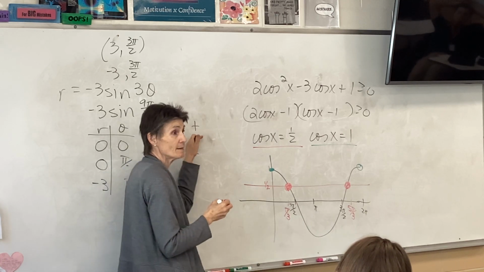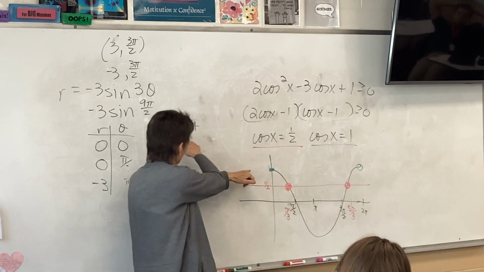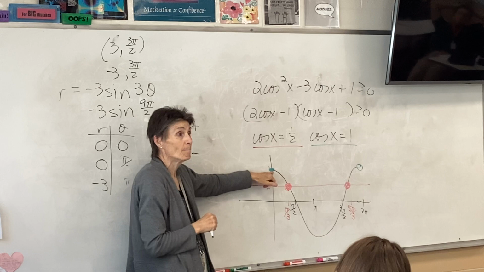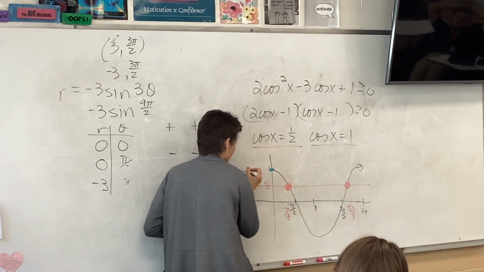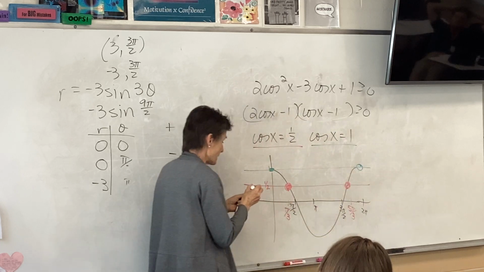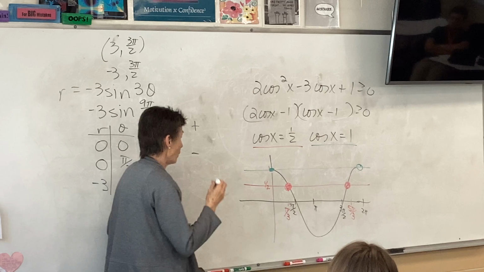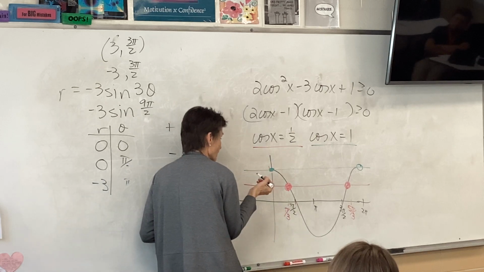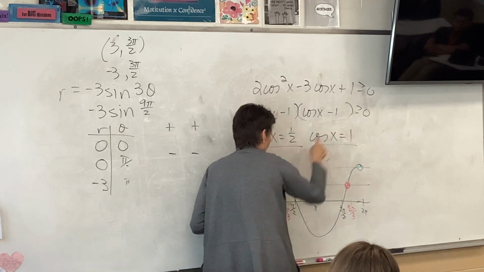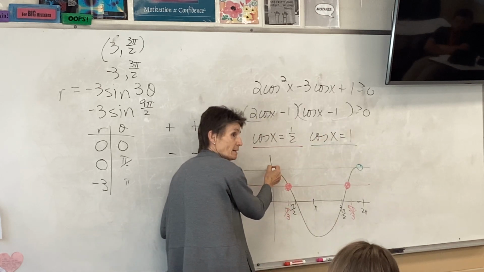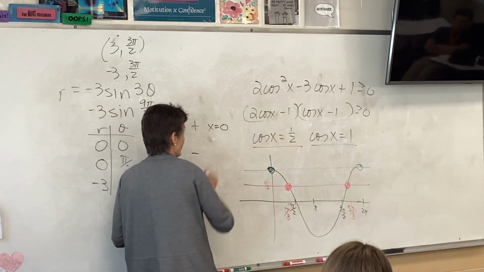Positive means above. So I need to be above green and above red. The only thing that is both above green and above red, or equal to, would be this point right here. So the answer to that case is just x equals 0.